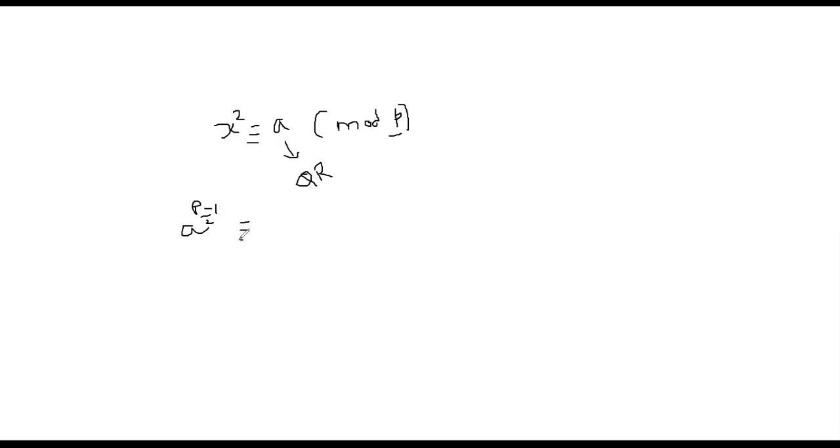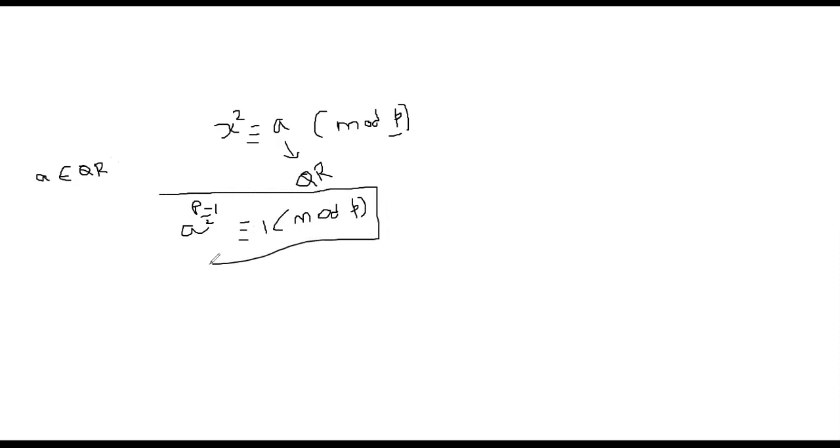This is the fundamental property of Euler's criterion that we learned earlier. This is true if a is a quadratic residue, not the other way around necessarily. We talked about it in the primality testing. The converse is not true. If a is a quadratic residue and p is a prime, this property must be true: a power (p minus 1)/2 is congruent to 1 mod p.